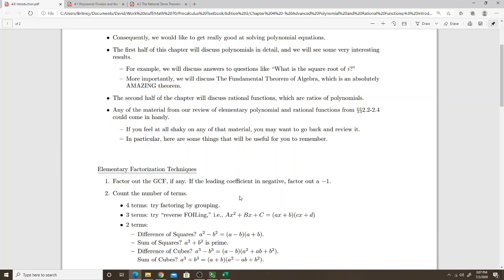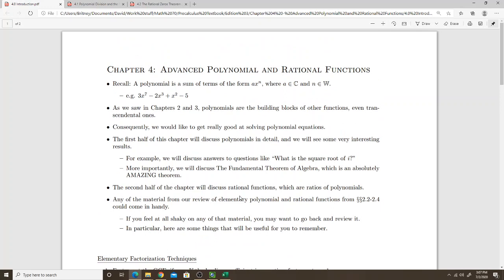That's all I have to say by way of introduction, except that polynomials may seem like a very niche topic, like why do we care about polynomials so much? But as we saw at the end of 3.8 in that little math-richment portion of the section, lots of functions can be described as polynomials.